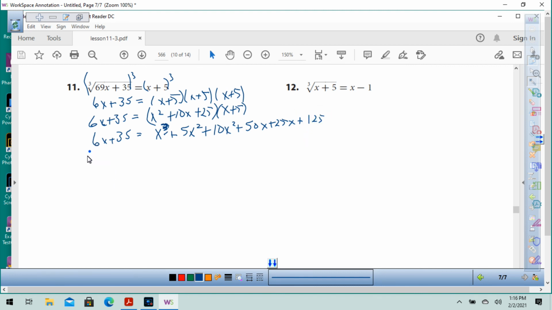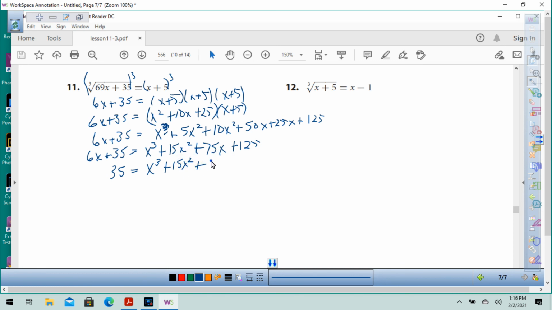All right, I think we can do some simplifying there. Equals x cubed plus 15x squared plus 75x plus 125. So I'm going to subtract 6x from both sides.